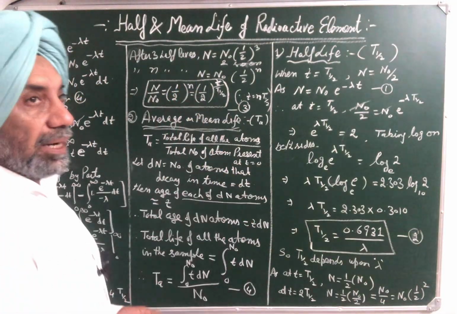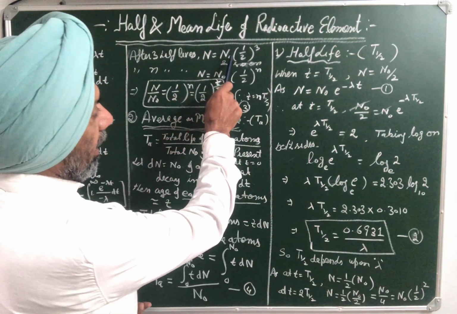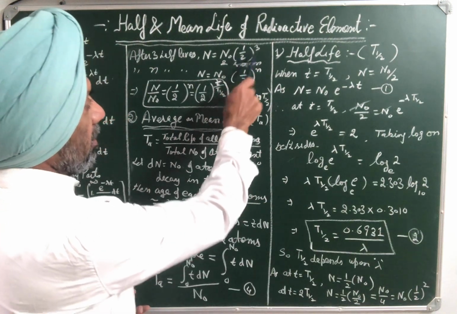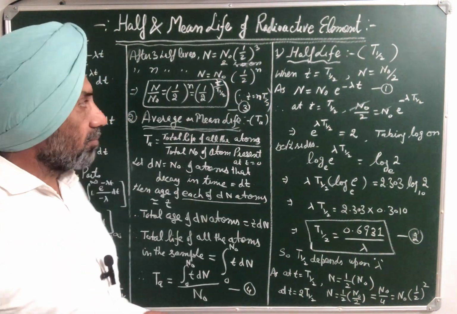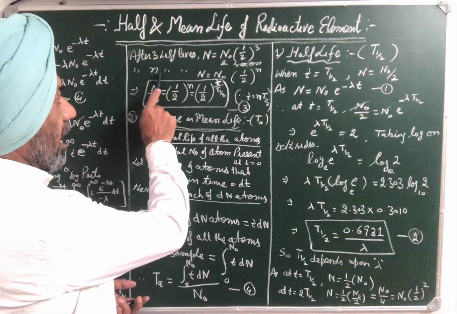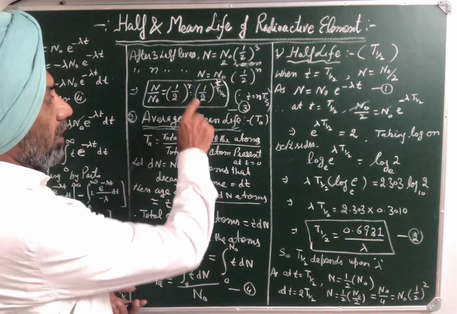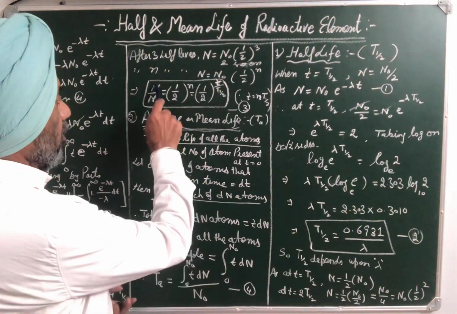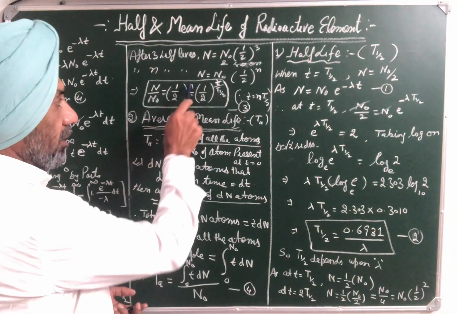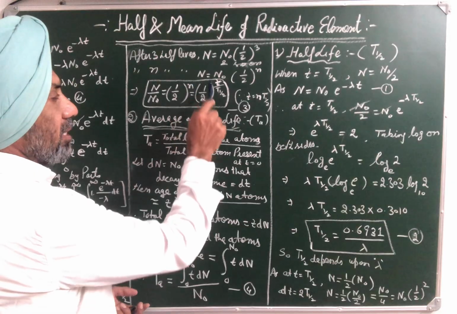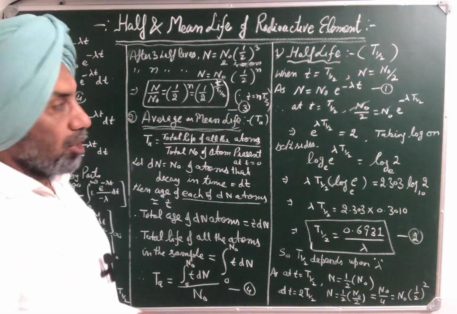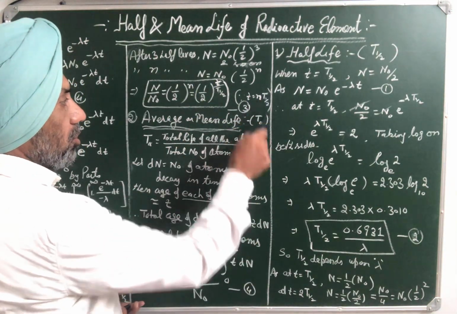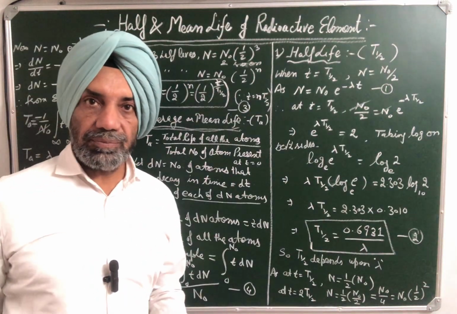After three half-lives, similarly, N will be equal to N naught into 1 by 2 power 3 and so on. After n half-lives, N will be equal to N naught into 1 by 2 power n, or N upon N naught is equal to 1 by 2 power n is equal to 1 by 2 power t upon t half, because total time t is equal to n into t half.